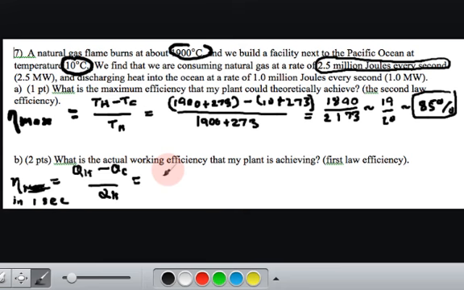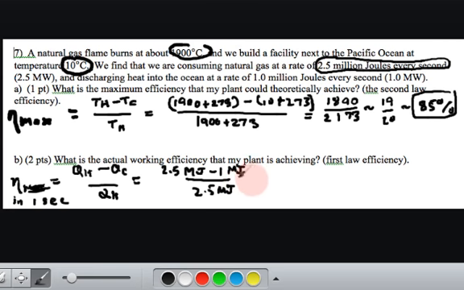then we know that QH is equal to 2.5 megajoules minus QC, which is 1 megajoule, divided by 2.5 megajoules.